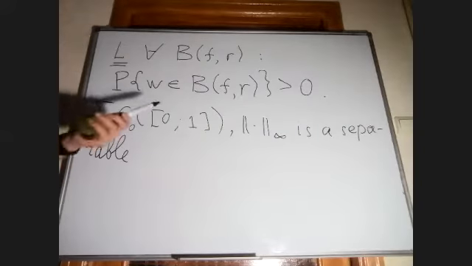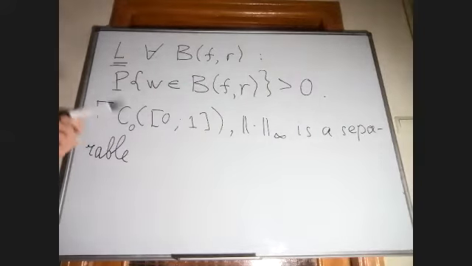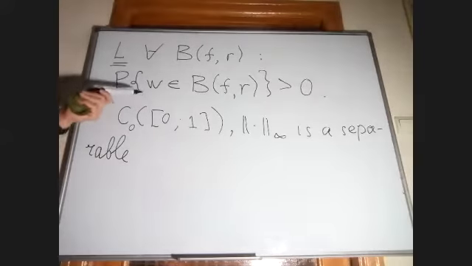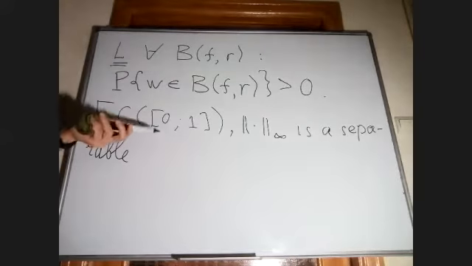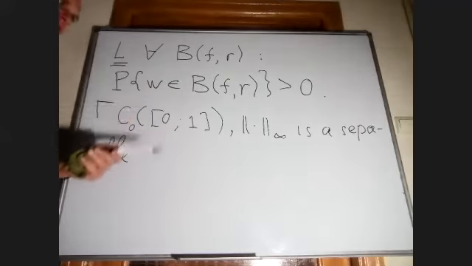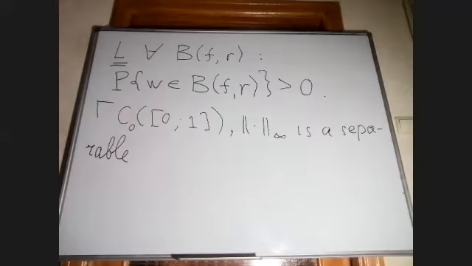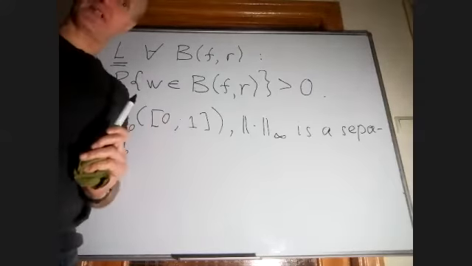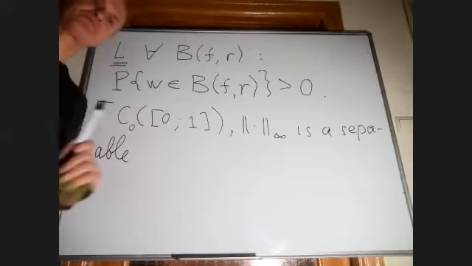Actually, usually people use as such a family polynomials with rational coefficients, for example, or polygonal lines which have vertices at rational times and rational values. So one can just recall analysis from the first year of education and find a countable family which is dense here.